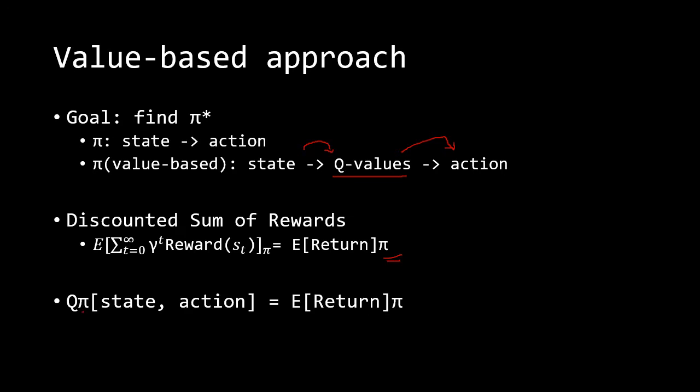The Q value is linked to a given pi and tells us: if you start at state S, and start by doing action A, and after this pair you always follow pi, then on average you should expect to collect that amount of return. This is the intuition behind the Q.